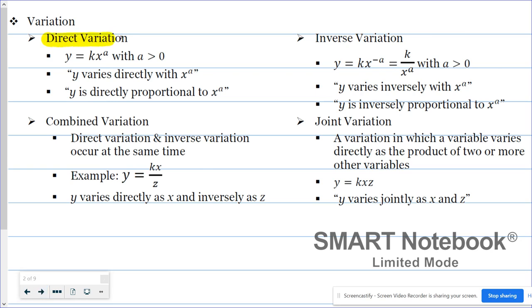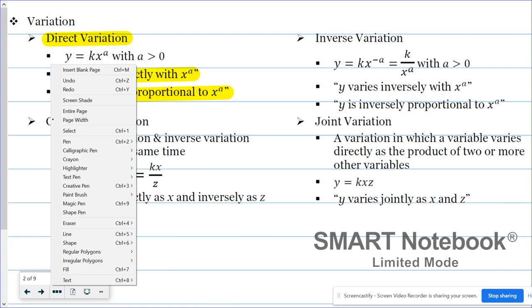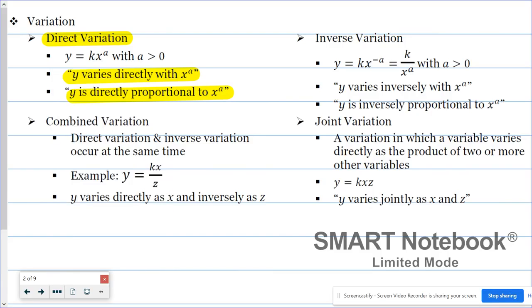So direct variation. You're reading a word problem, and you're going to read something like y is directly proportional to x, or y varies directly with x. Whenever you read such a phrase, you're going to write a power function equation that looks like this: y equals k times x to the a power. What's nice is that the words tell you exactly what you need to write down.